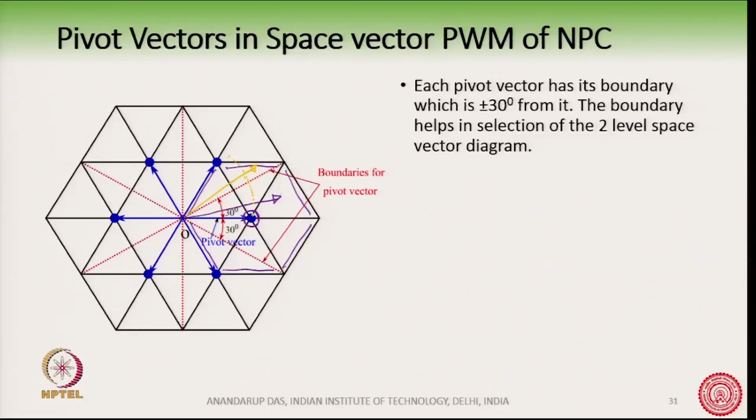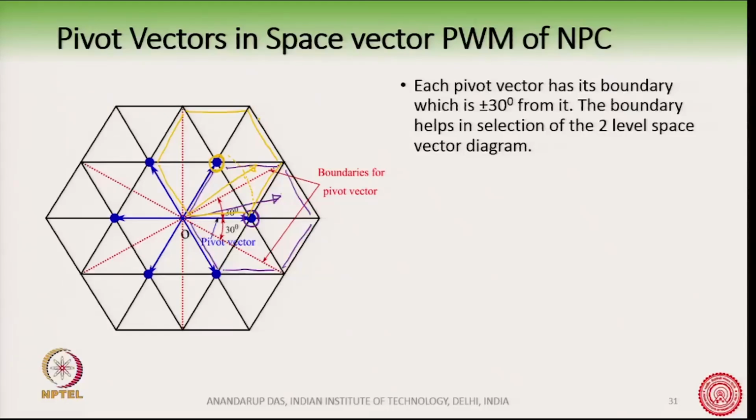So, actually now this becomes the pivot vector and this becomes the hexagon on which the switching should take place. From the violet colored hexagon, after crossing the boundary, we have now moved into the yellow colored hexagon.